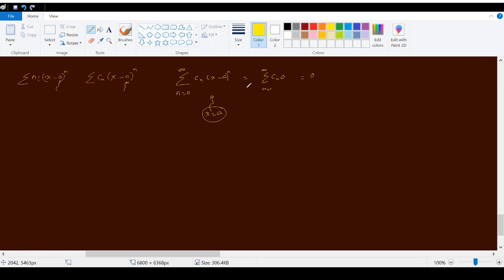Sometimes you might tend to do this calculation, which is not correct.